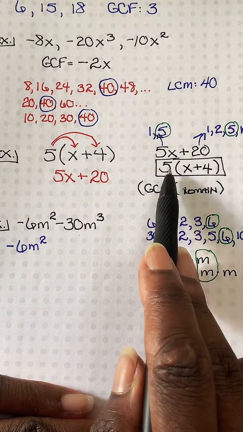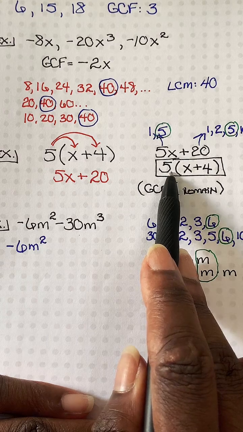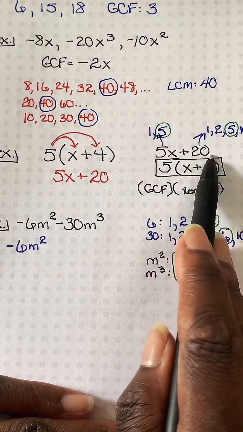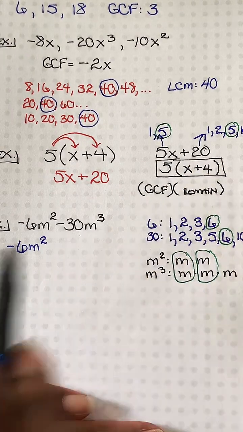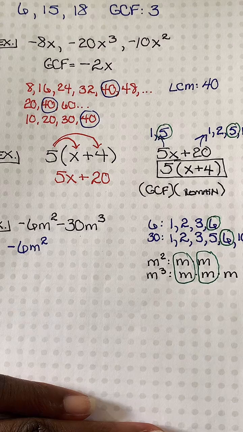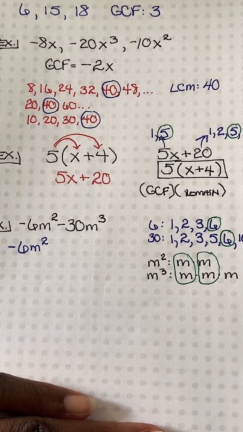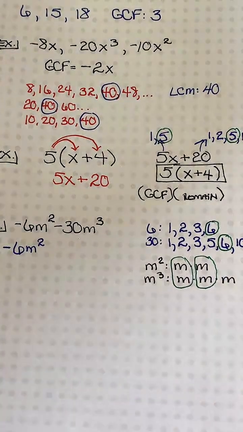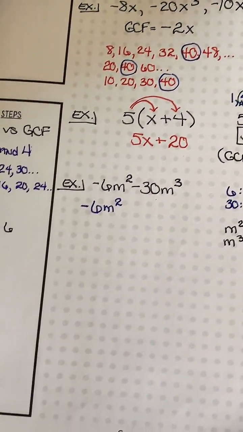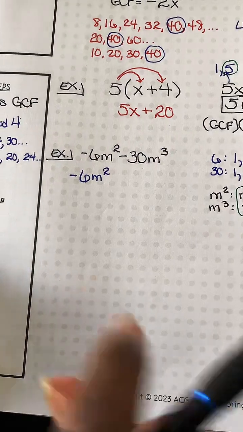So that's why we didn't pull an x out for the GCF. Okay? Both terms have to have an x in order to pull out that variable. Okay? All right. There we go. All right. Thank you. So, let's continue on.